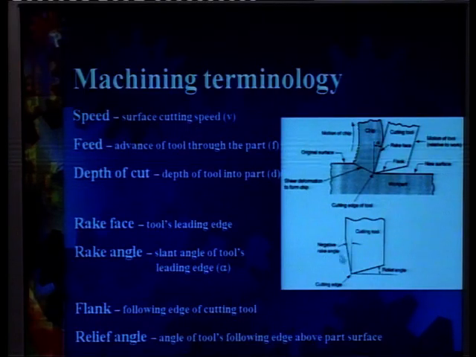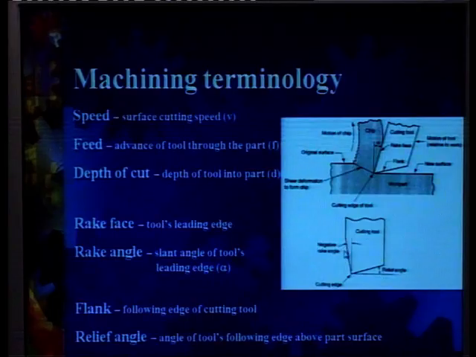If we look at this single point cutting tool, then this upper face which faces the chips, the chips slide across this face, and this particular surface is known as the rake face. The angle which is given to this face may be a positive angle, as is shown in this case, or it may be a negative angle.